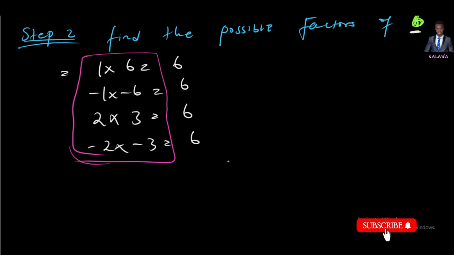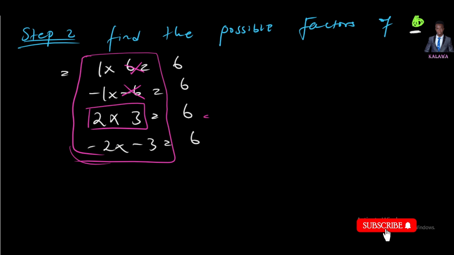So if we check 1 plus 6, this is going to give us 7. So this is not working. Minus 1 minus 6 is going to give us minus 7. So this is not working. But if we say 2 plus 3, this is working. 2 plus 3 will give us 5, and this same 2 times 3 would also give us 6.